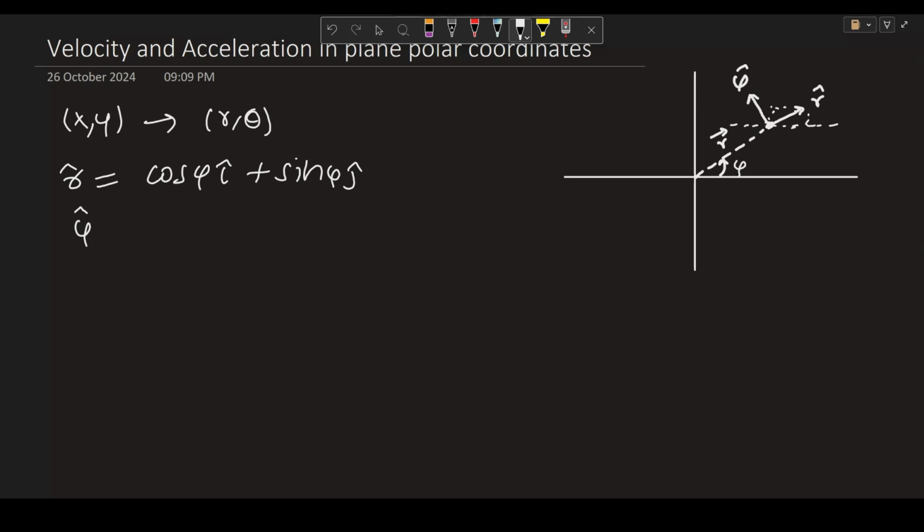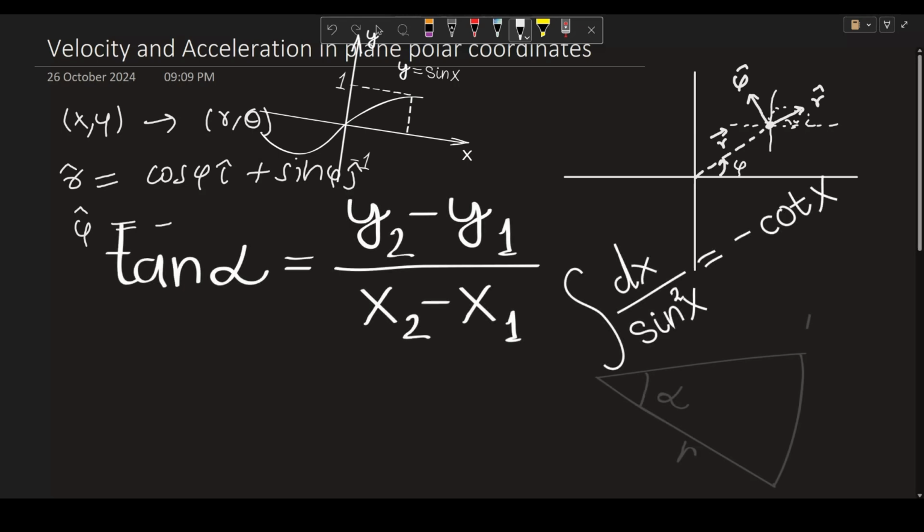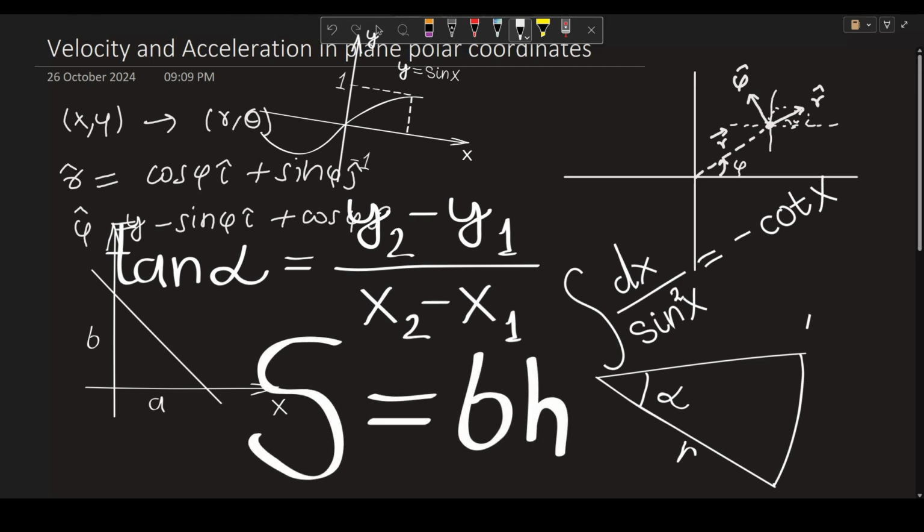The direction of angle would be the cos of this. Now what is this? This is the vertical, and if this is phi, this is also phi, right? So this is 90 minus phi. This is cos, so the sign would get minus. The phi cap should be minus sin phi i cap plus cos phi j cap.